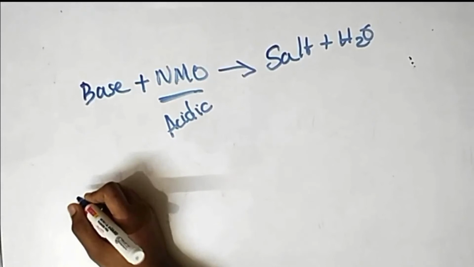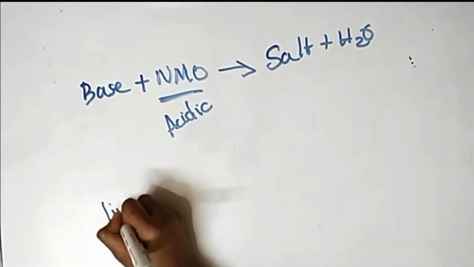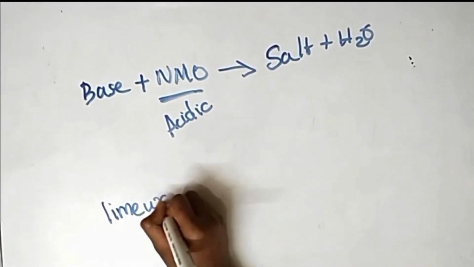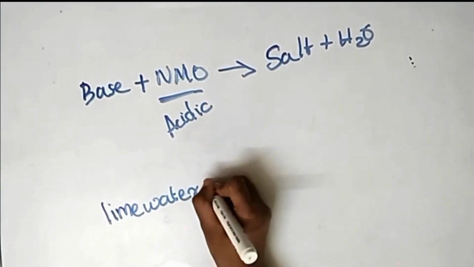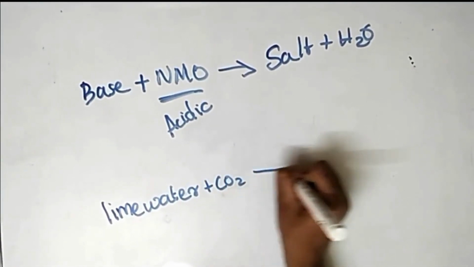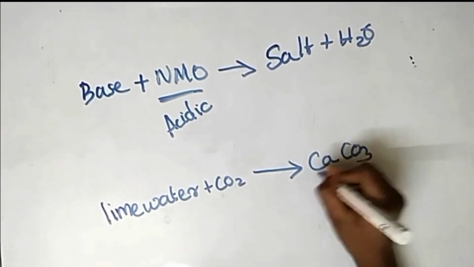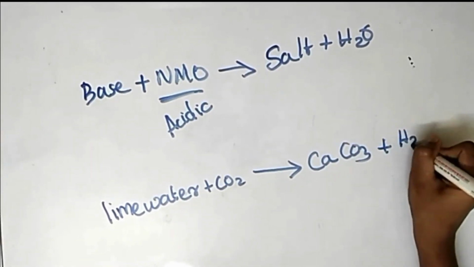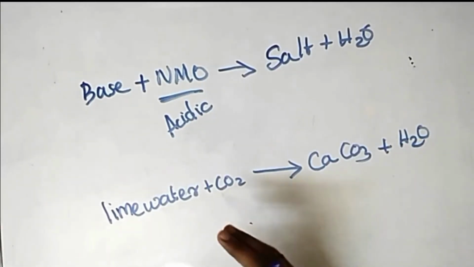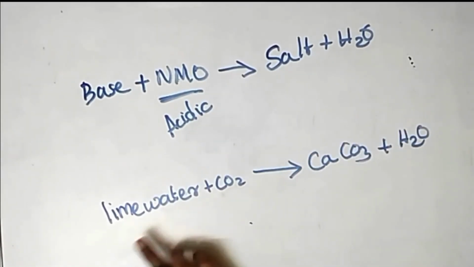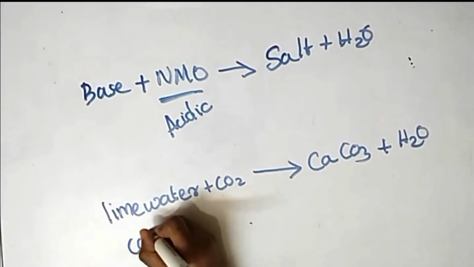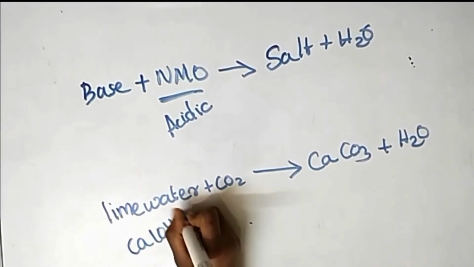Do you remember the test for carbon dioxide? When you add carbon dioxide to lime water, it turns milky with the formation of calcium carbonate, that is the salt, and water is also formed. Do you remember that? Lime water is calcium hydroxide.